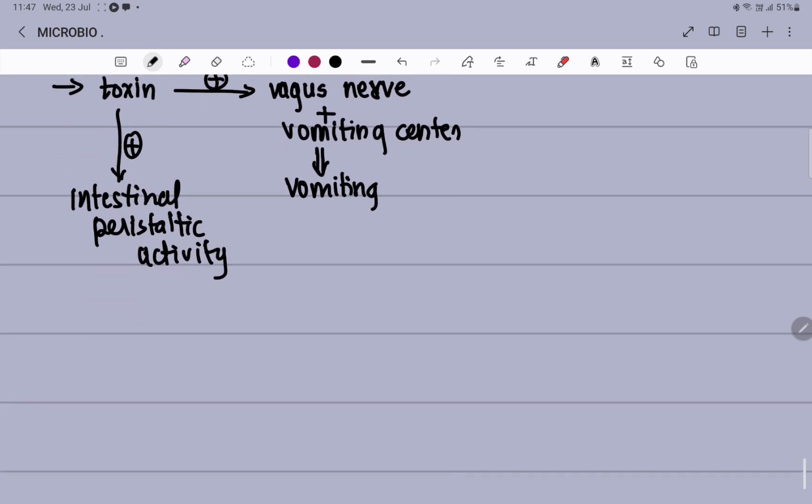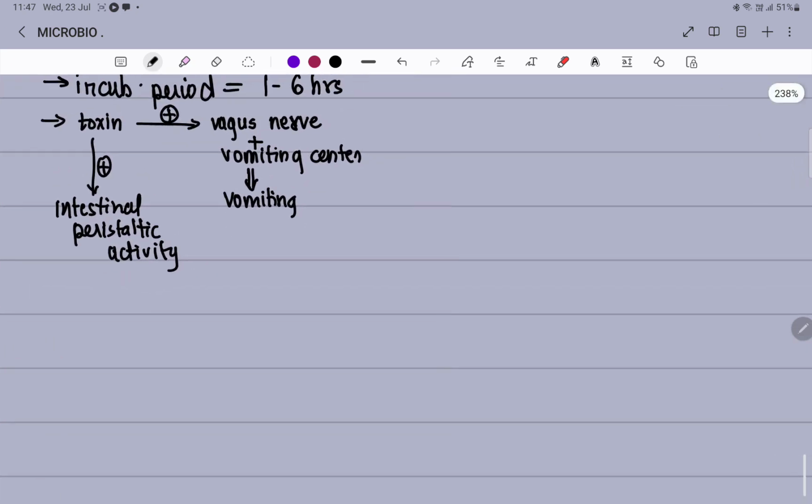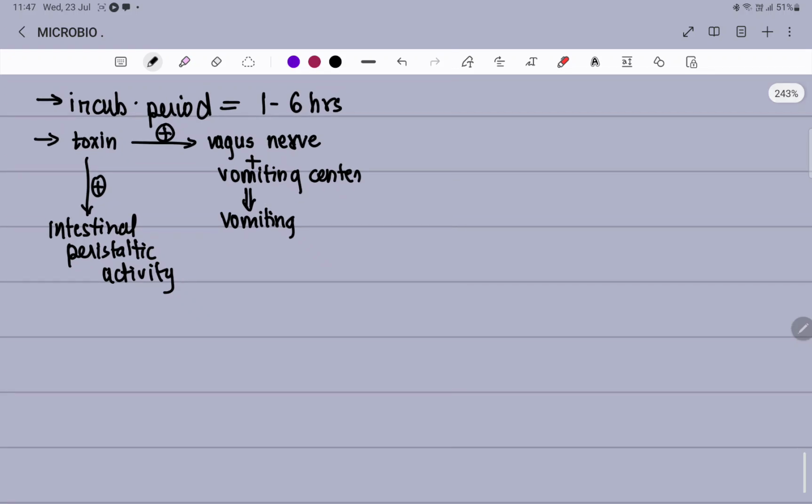Now once that is done, it will produce some symptoms. We already know vomiting and diarrhea are the major symptoms. Along with that, what else can be the symptoms? Symptoms are the clinical features with which a person presents to you. A person will have nausea, vomiting. We all must have experienced this once in our lifetimes, all because of consuming some old or undercooked food, like mayonnaise, ham, poultry, pastries, dairy products.